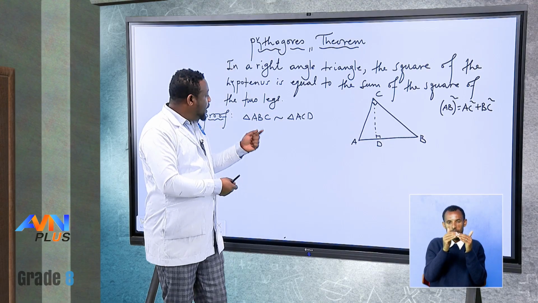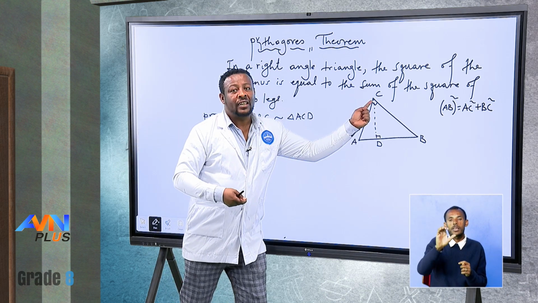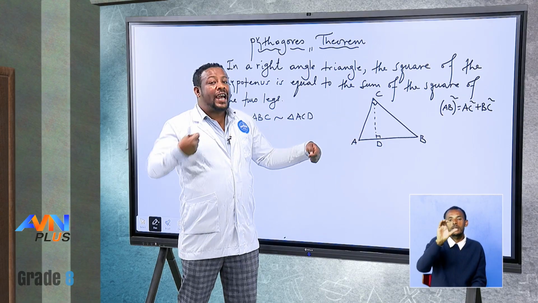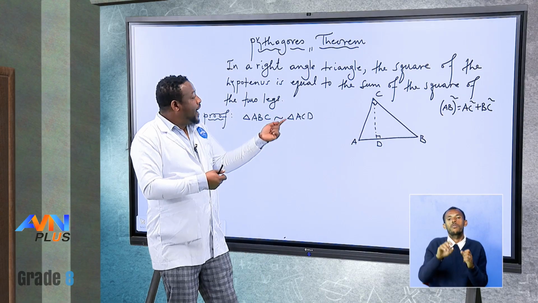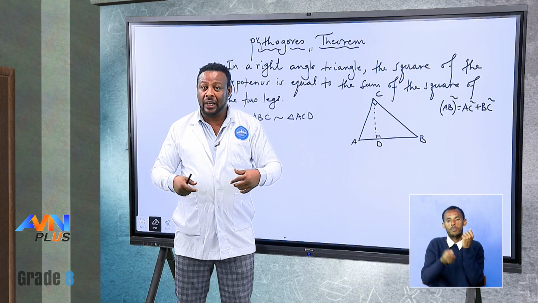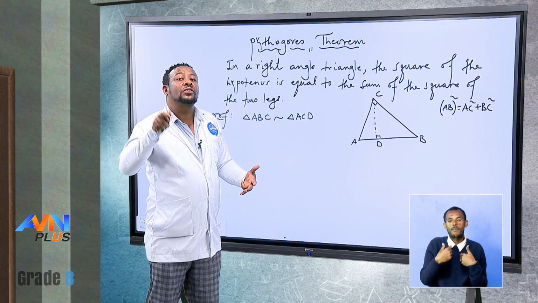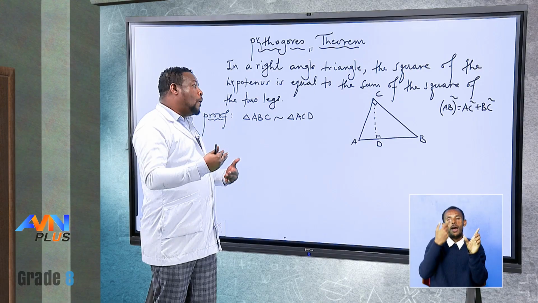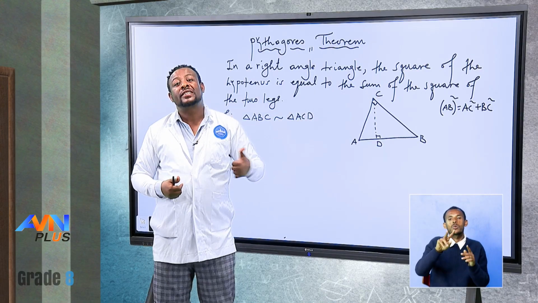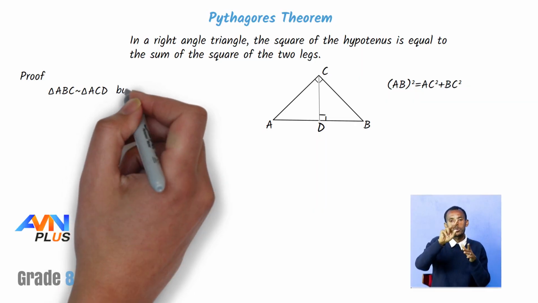The other thing, triangle ABC forms 90 degree at C, and ACD is also a right triangle forming 90 degree at D. So they have another congruent angle. Based on angle-angle similarity, these two triangles are similar.